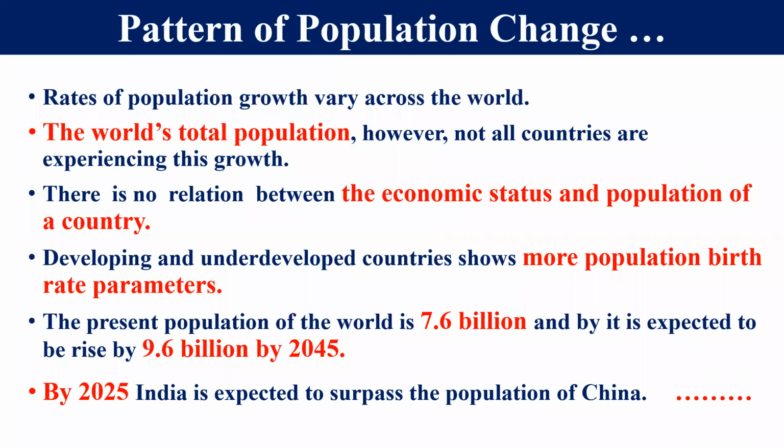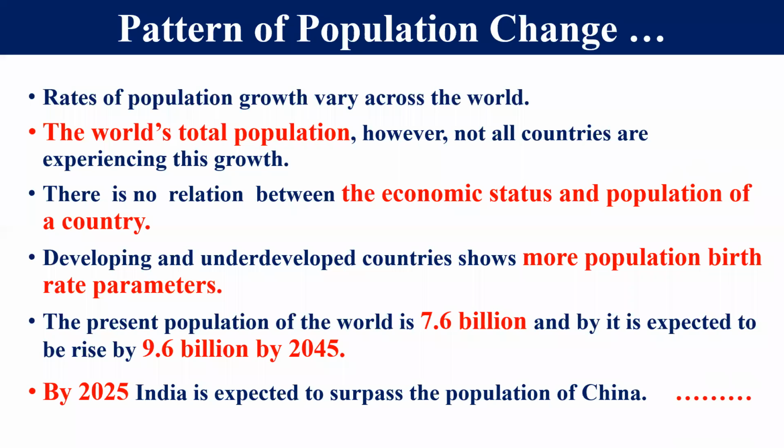The present-day population is 7.6 billion, and it is expected that by 2045 the population will rise to 9.6 billion. I have already told you that China is the most populated country, and the second rank is India.